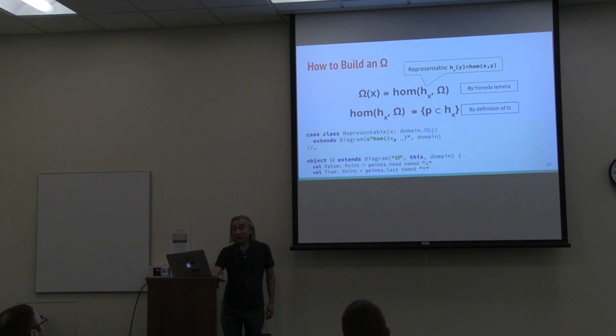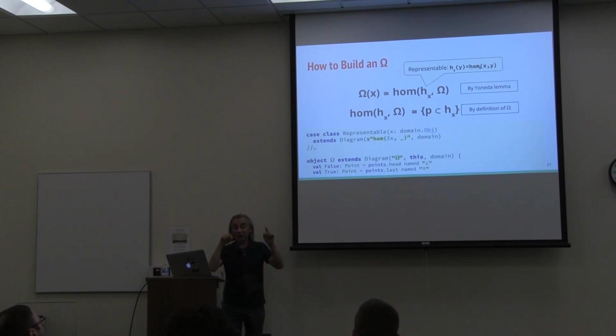It's a diagram called hom from X. And how do we build the value of this representable on any Y? Because we need to build something on any Y. We just have a hom.